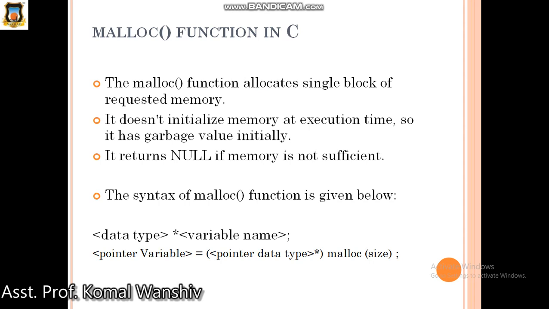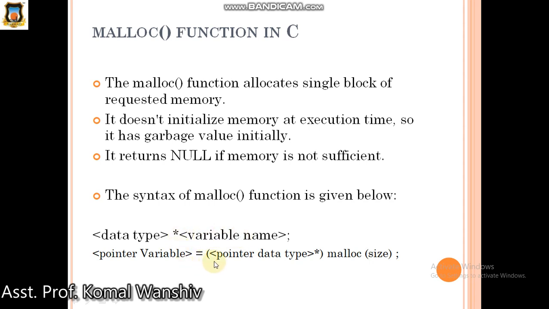See the syntax of the malloc function. Before using malloc, you have to declare a pointer, and you can declare a pointer using this syntax: data type, then asterisk symbol and variable name.